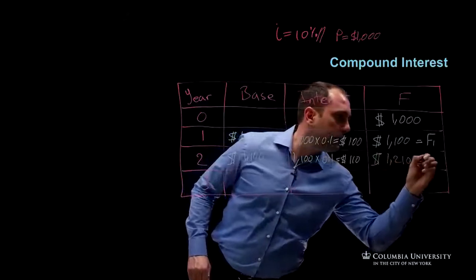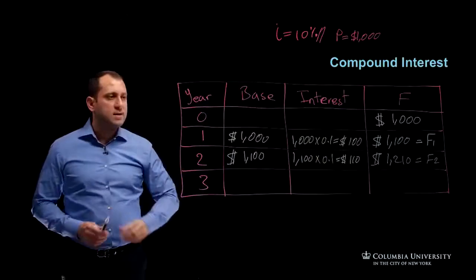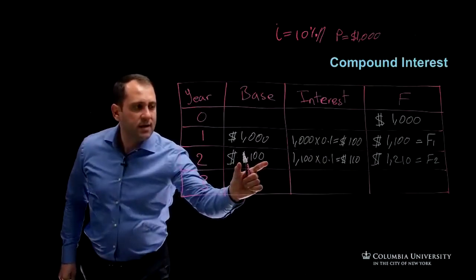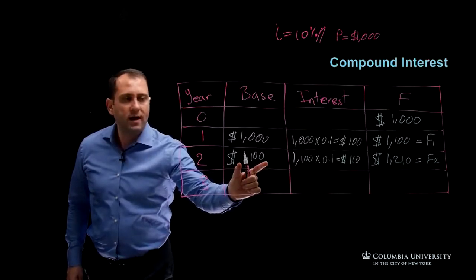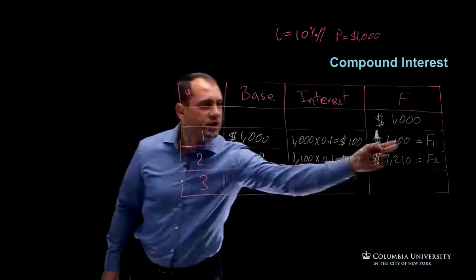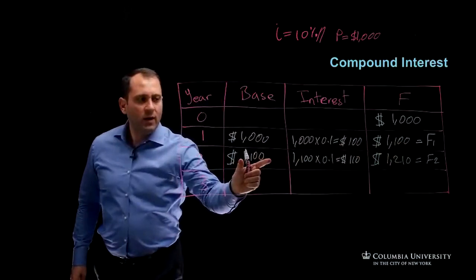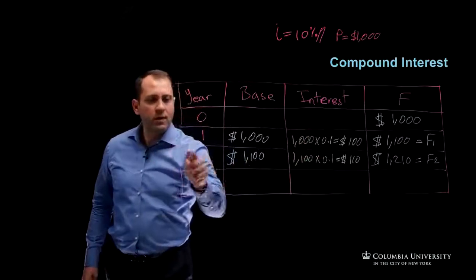Here, what we did is we took the base for year 2 as the total amount owed at the end of the previous year, which is $1,100, F1. And F1 times the 10% calculates the interest for year number 2.